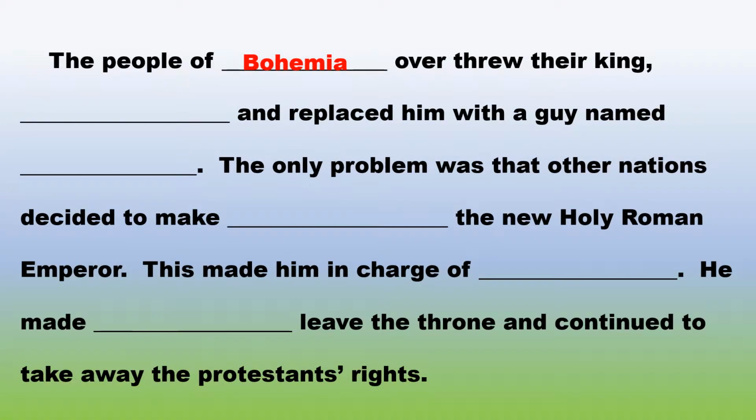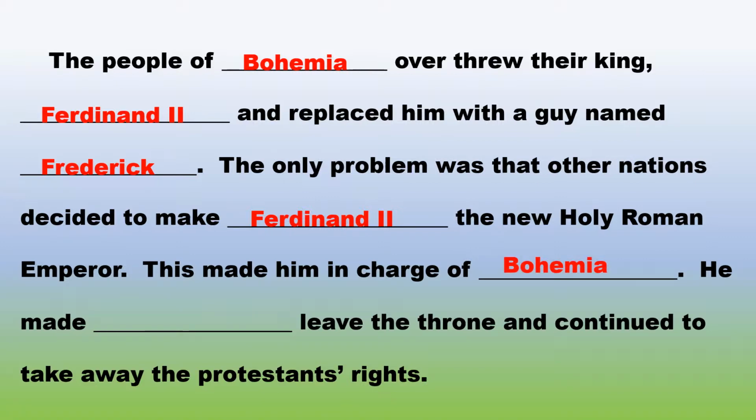The people of Bohemia overthrew their king, Ferdinand II, and replaced him with a guy named Frederick. The only problem was that the other nations decided to make Ferdinand II the new Holy Roman Emperor. This made him in charge of Bohemia, and he made Frederick leave the throne and continued to take away the Protestants' rights.